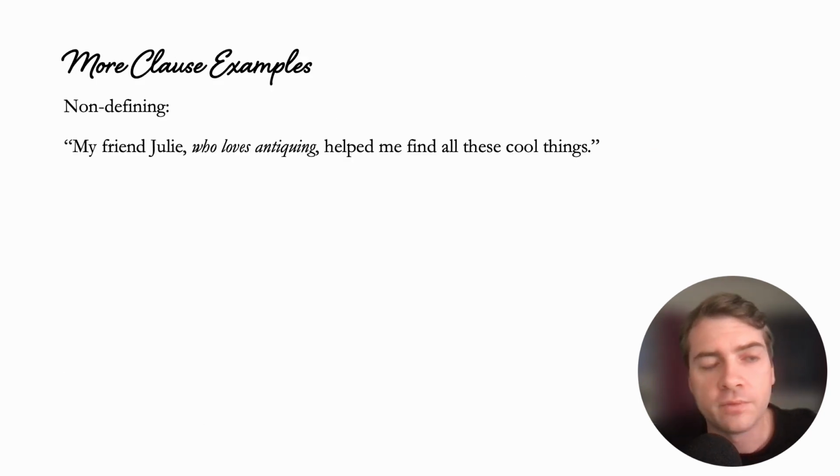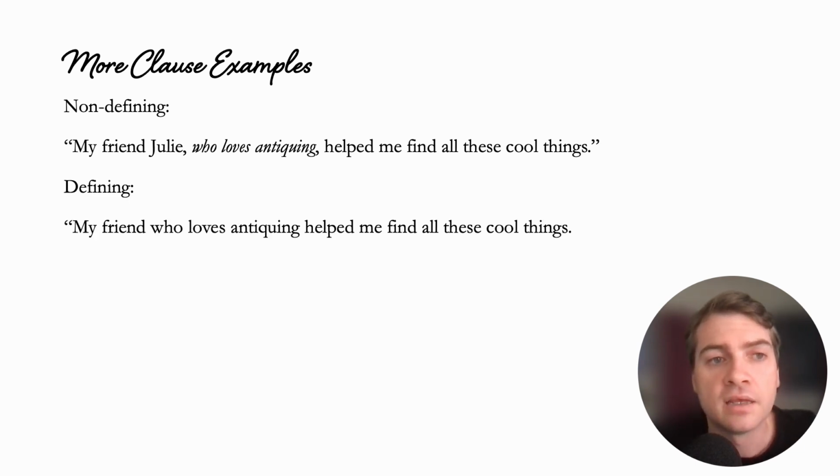A non-defining would be, "My friend Julie, who loves antiquing, helped me find all these cool things." But if we said, "My friend who loves antiquing helped me find all these cool things," that's now a defining clause because the whole subject is "my friend who loves antiquing."